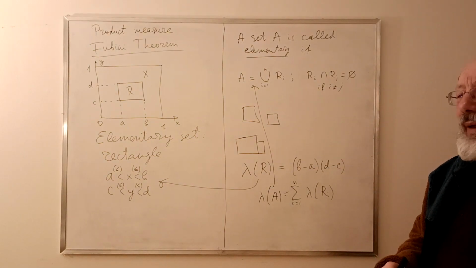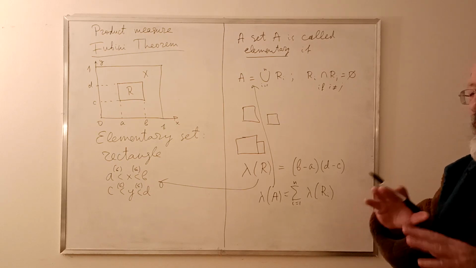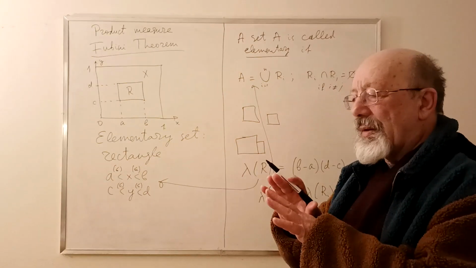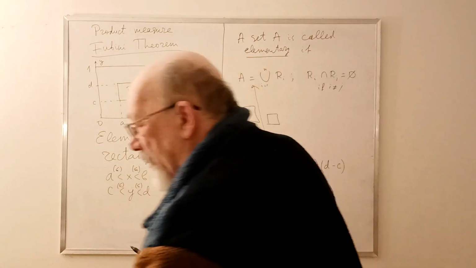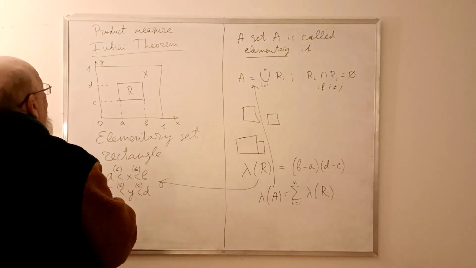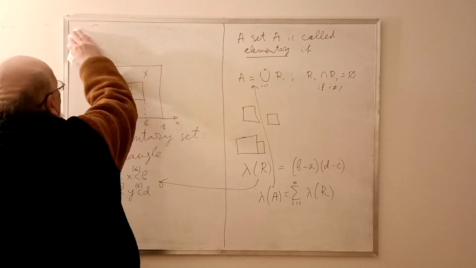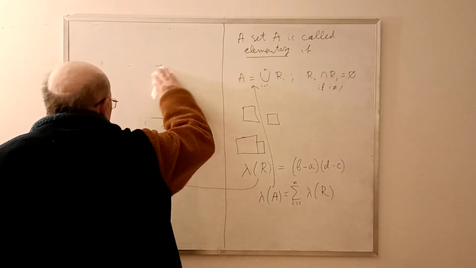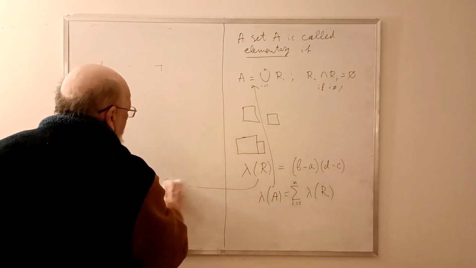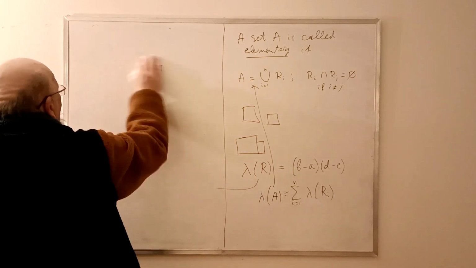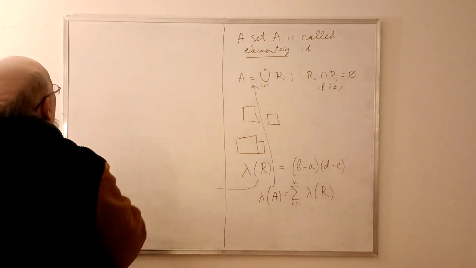Now, what can be said about, say, the union of two rectangles which are not disjoint? Let me draw a picture without formalities.